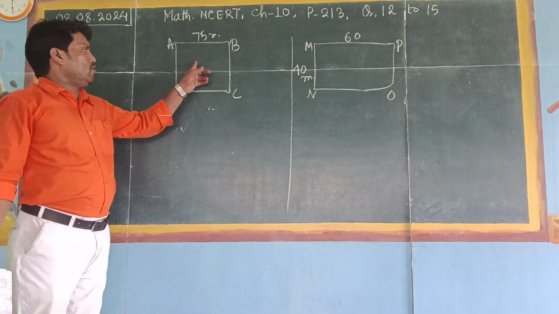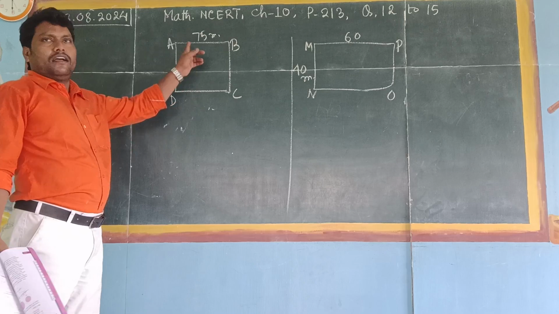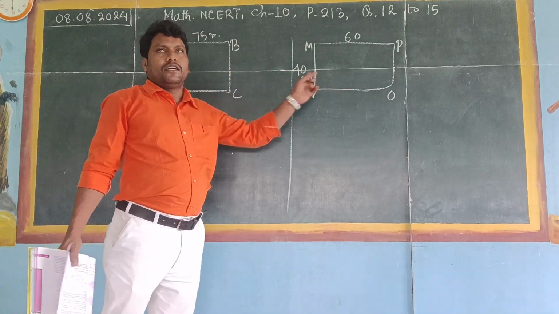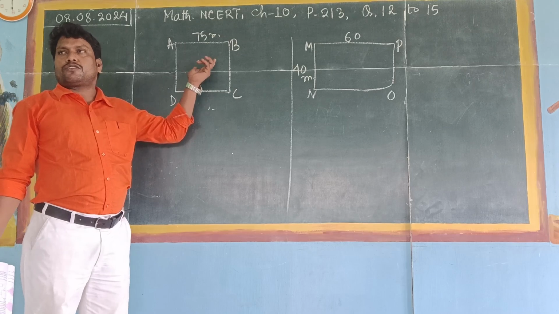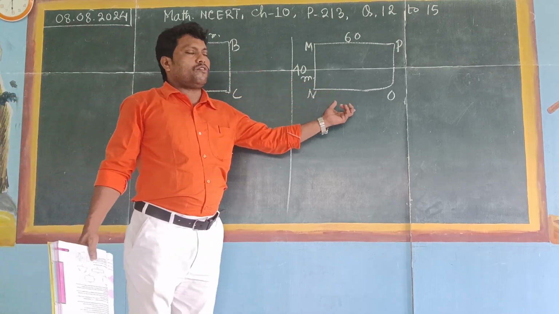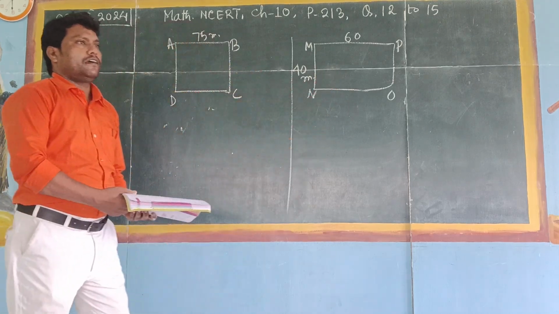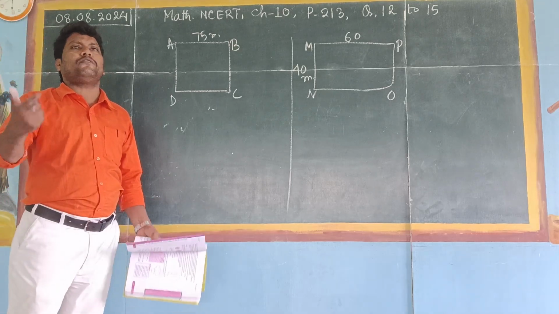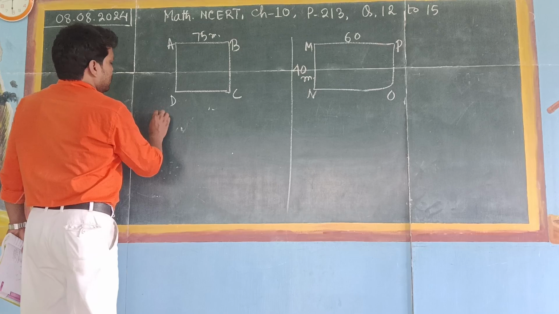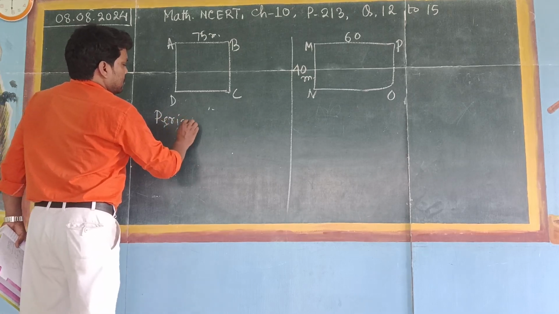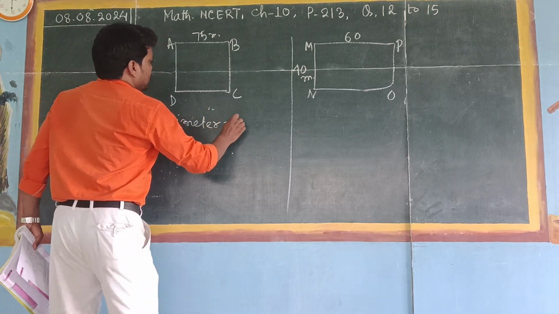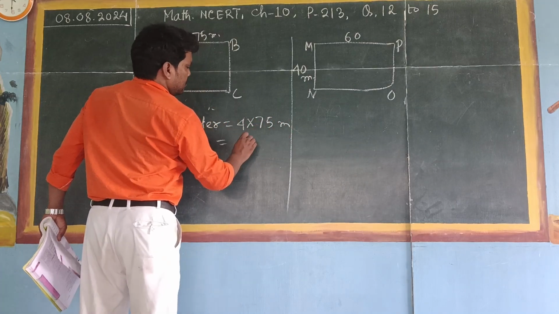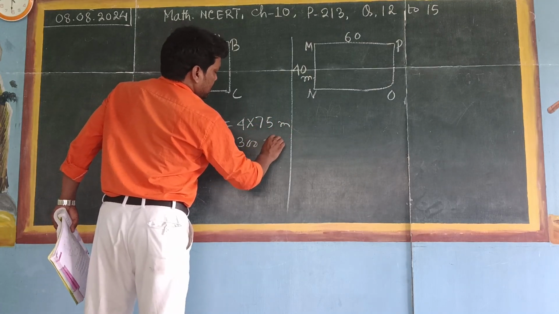Two friends covered two kinds of figure, two kinds of field. Sweetie covers the square path. Bulbul covers the rectangular path. That means who covers less distance? That means find out the perimeter. Here for the square, perimeter is 4 into side, 300 meter.